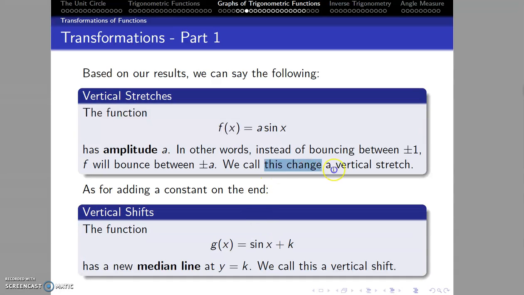We still call those changes to tangent a vertical stretch, but it doesn't have an amplitude. And no one really refers to the median line of tangent. I guess you could, but no one does. So these vocabulary words we are exclusively going to apply for graphs of sines and cosines.